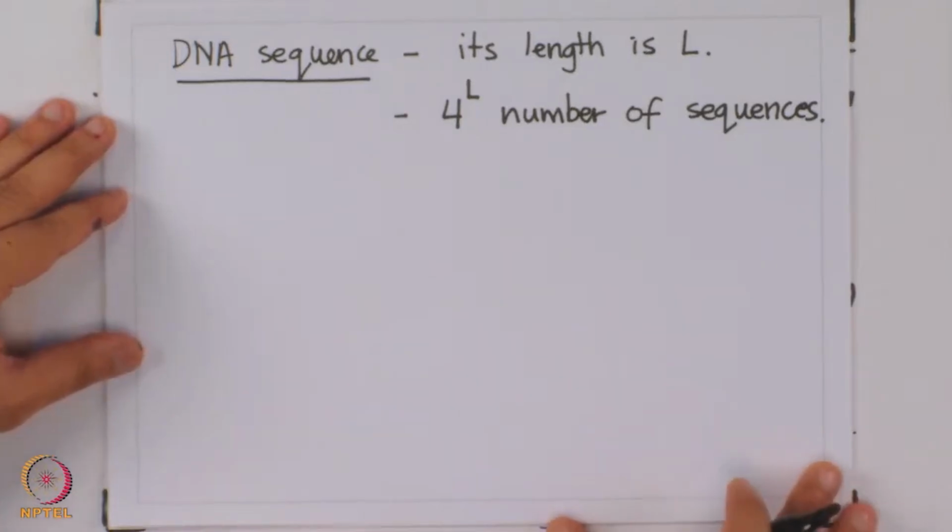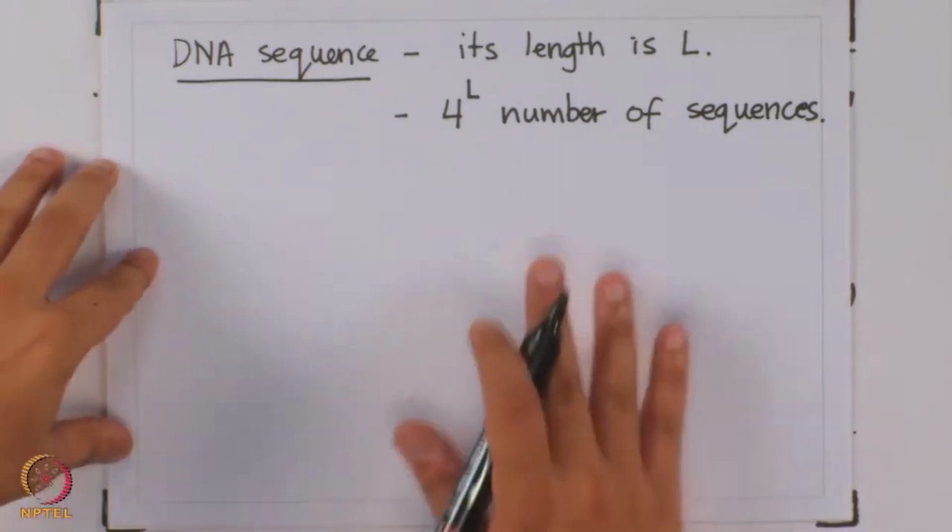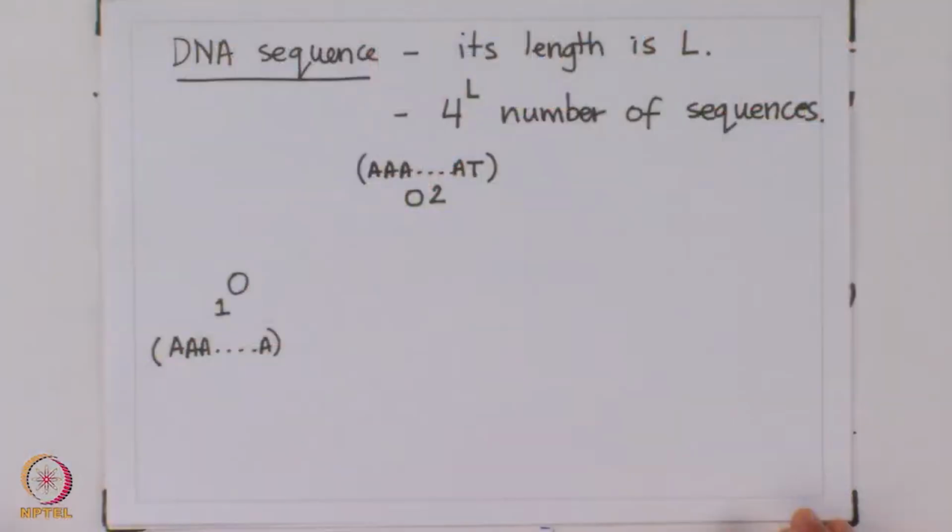Now, what we are going to do with these 4 to the power L sequences is think of this as a 2-dimensional plane and do a graphical representation, where each node represents one of the 4 to the power L sequences. Let us say node number 1 represents that sequence of length L which is all A's. This is node number 2, the sequence which is all A's, but the last nucleotide is T, and so on and so forth.